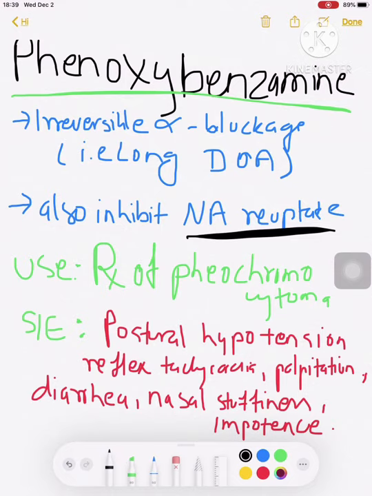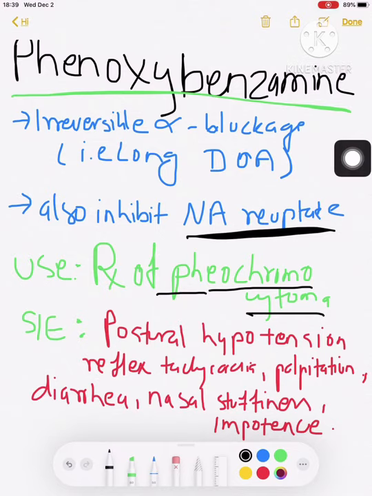Okay, so the use, where do we use this phenoxybenzamine? We use it in the treatment of pheochromocytoma. What is pheochromocytoma? It is a tumor of the adrenal gland, mainly of the adrenal medulla. This tumor secretes large amounts of catecholamines, mainly epinephrine.